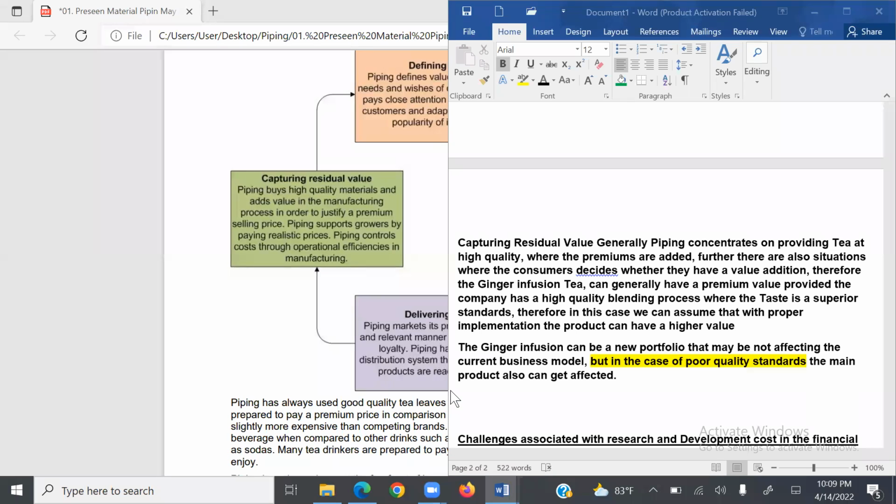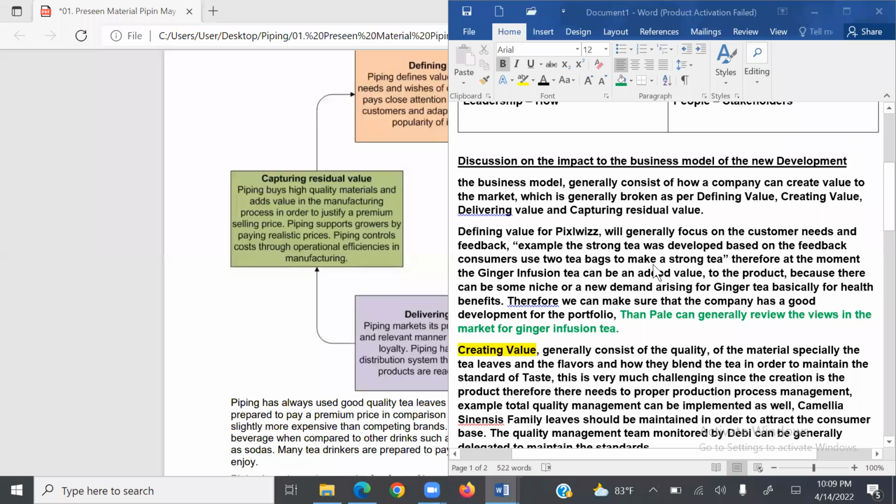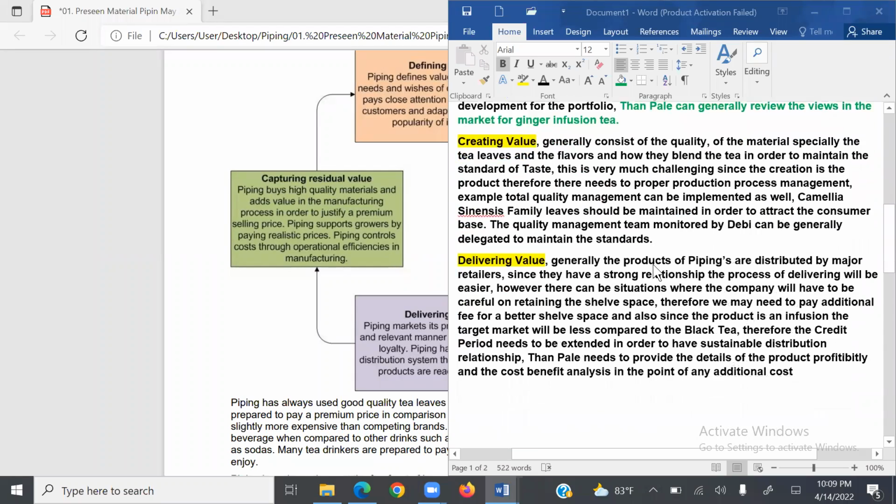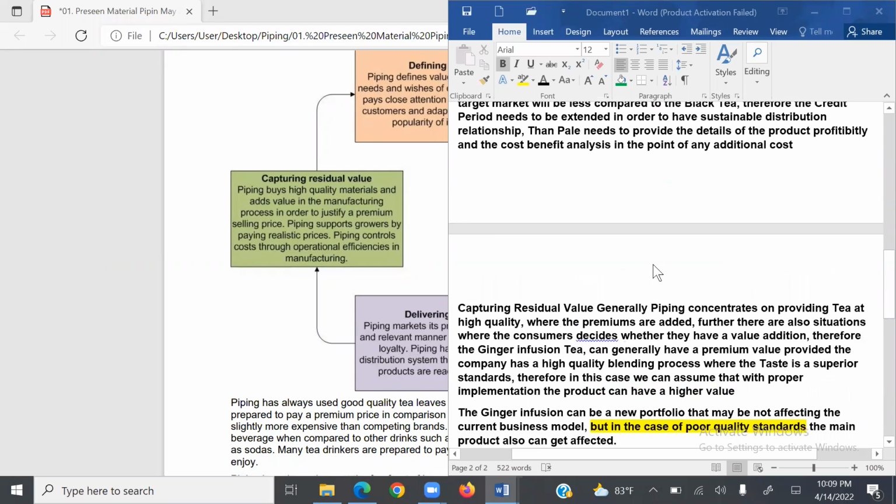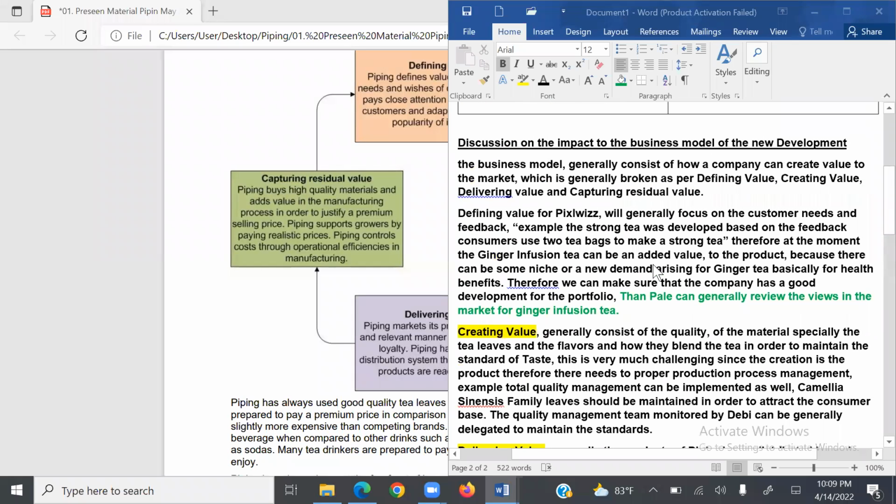So students, this is how you need to be very specific, because as I always told you, you must read the past examination answers. You will always observe the style of writing is technical, but it is very much business based reports.